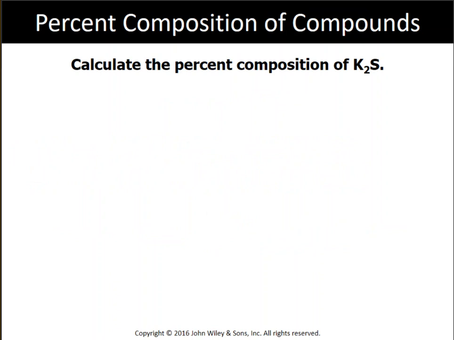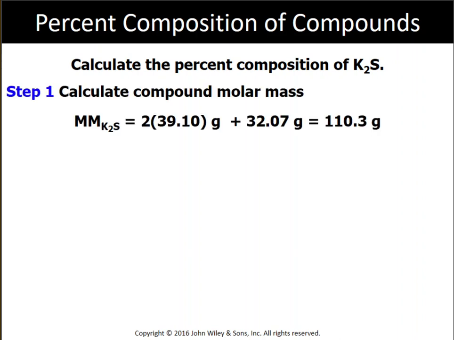So let's look at an example. Let's say you want to find the percent composition of potassium sulfide. Percent composition meaning that you want to find the percent composition of potassium and also percent composition of sulfur in potassium sulfide. So in order to find the percent composition, first of all, we have to find the compound's molar mass, which is the mass of 2 potassium and 1 sulfur atoms, and the molar mass is 110.3 grams per mole.